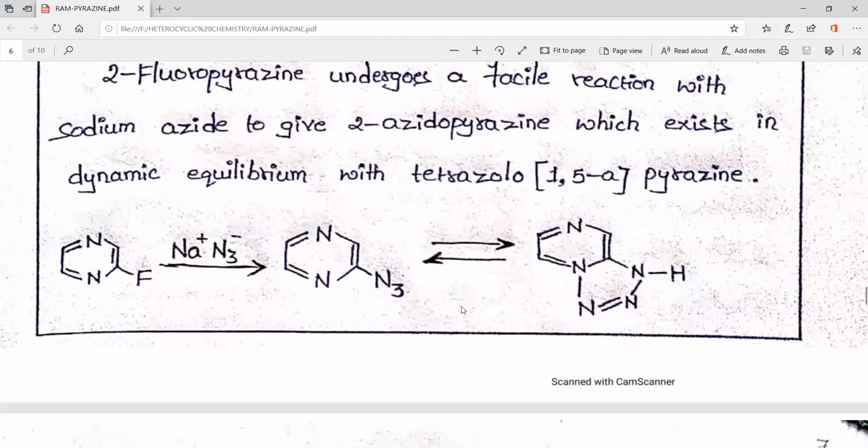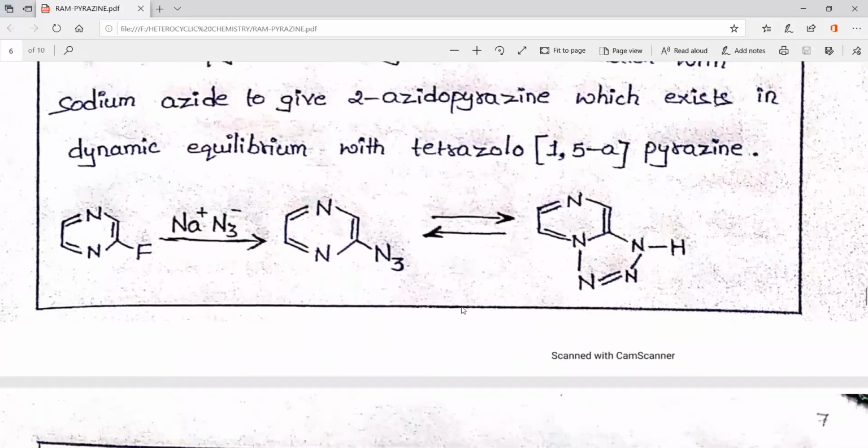So it is undergoing some cyclization. The azide is forming a ring with one of the nitrogen atoms present ortho to the azide.